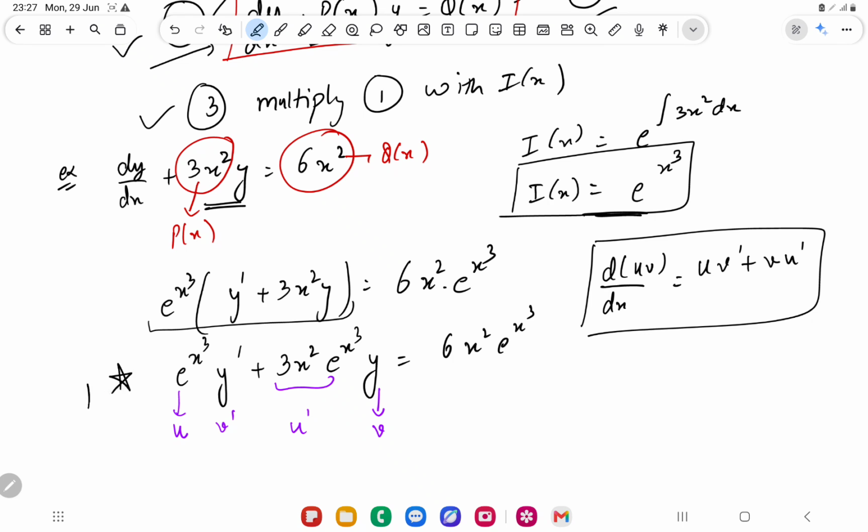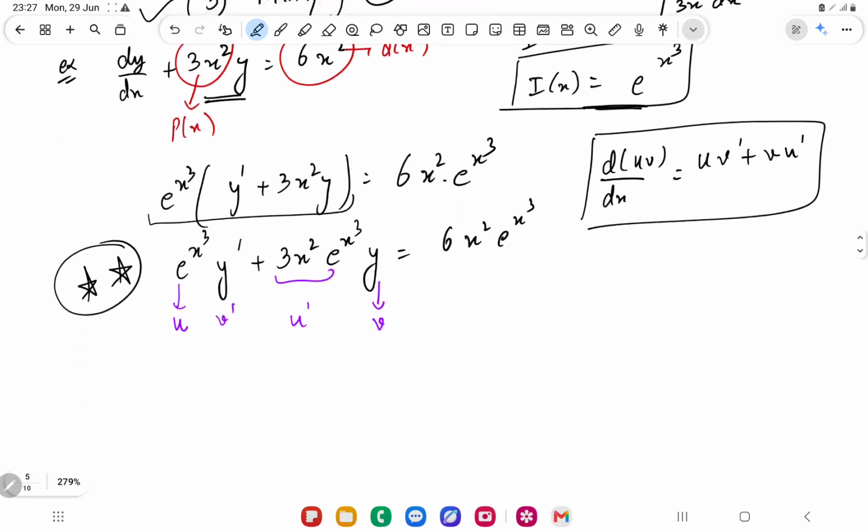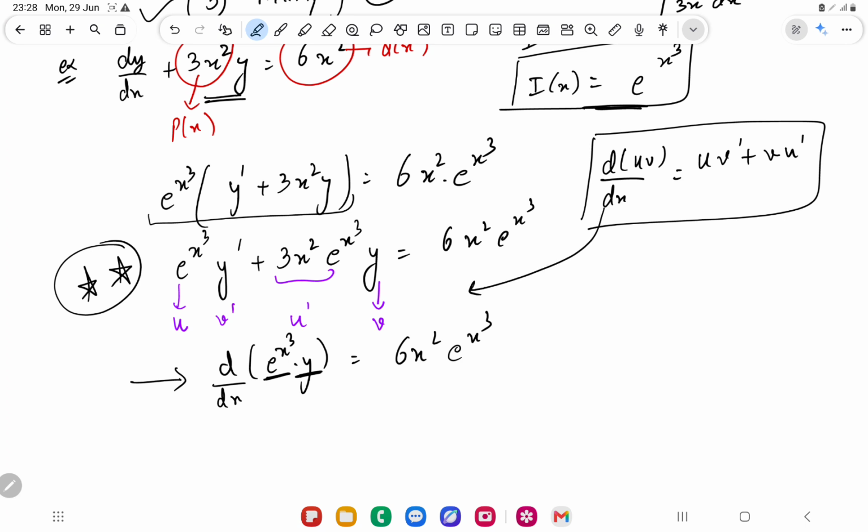Please understand this step very carefully, it is a very important form. So I can write my left side as d by dx of u into v. Most of the students remember it like this: after the third step, this will always be d by dx of your integrating factor multiplied by y. You can remember it anyway, but it's good if you remember it using this step.